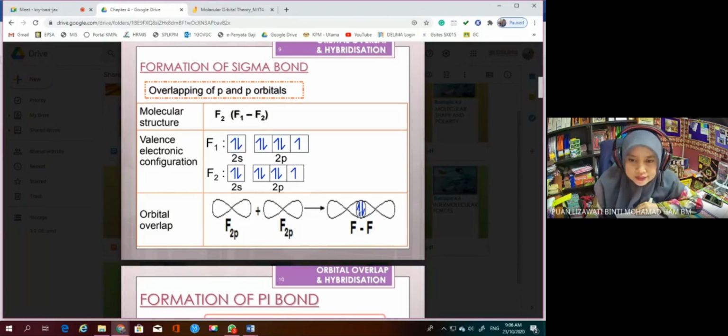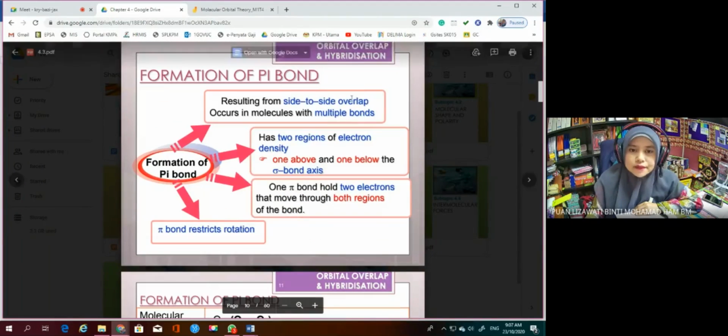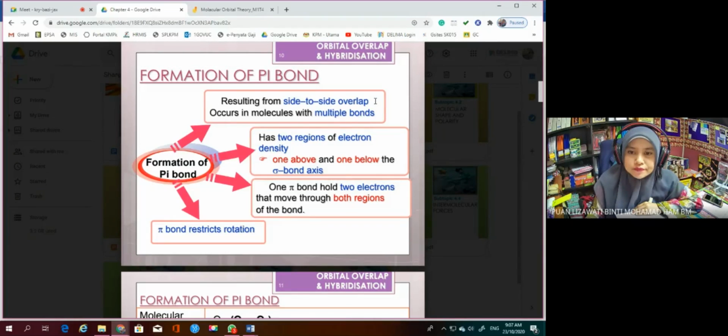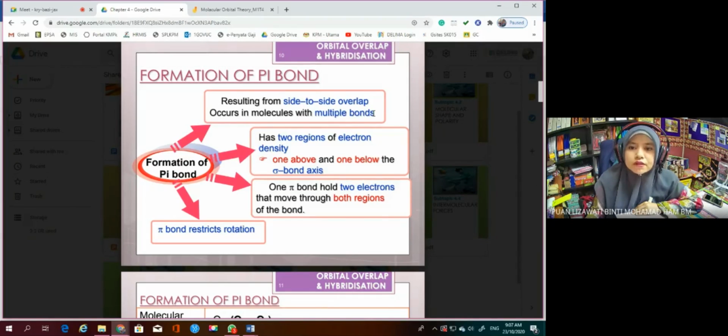Okay, now let's look at an example of pi bond. Pi bond usually occurs from side-to-side overlap, and occurs with multiple bonds, either double or triple bond. We can see that the region is above and below the sigma bond axis.